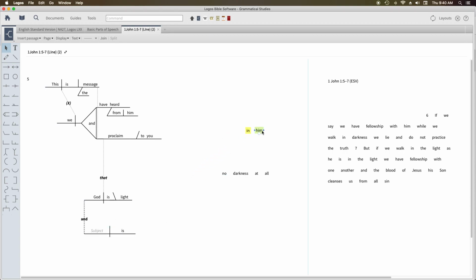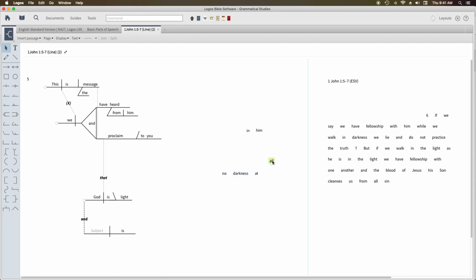It's not him, because it's part of a prepositional phrase. Him is the object of the preposition in. A subject is never going to be the object of a preposition or found in a prepositional phrase. Maybe you did know that, maybe you didn't. So the only thing you have left is no darkness at all.